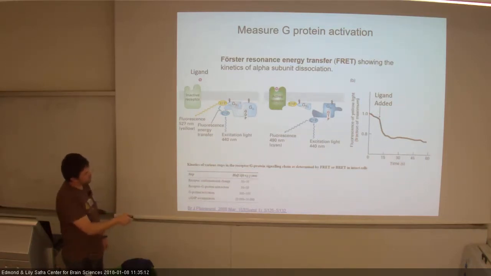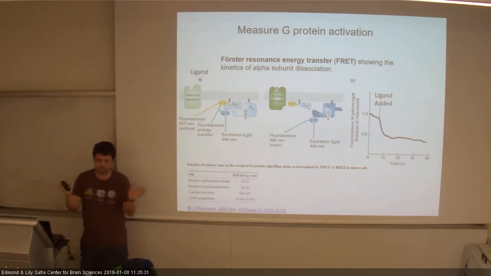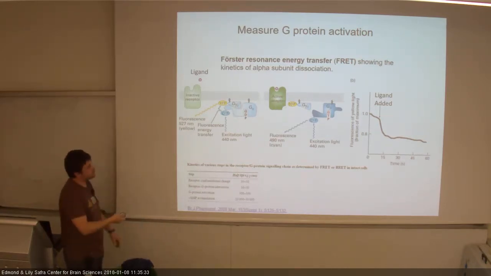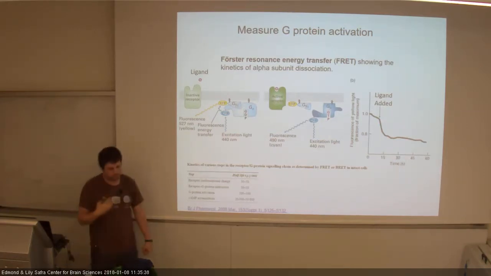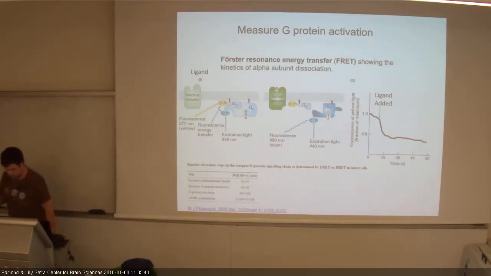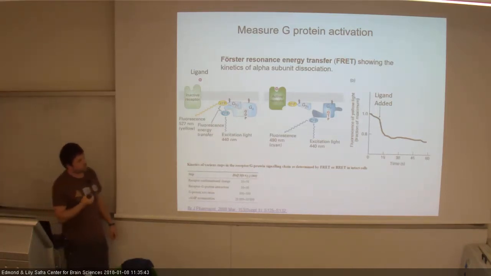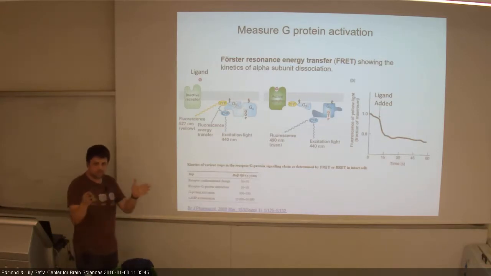You see that in the beginning there's close proximity between these two, so you get a high signal, and when they added a ligand, they saw a drop in the level of the emitted YFP, which indicates a dissociation of these two proteins. So the speed at which this happens can help researchers who study G proteins to quantify how fast this whole reaction happens.